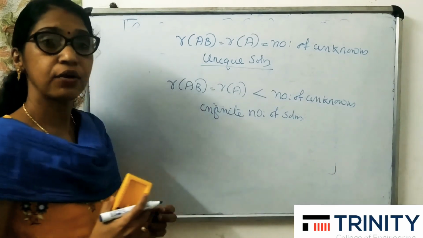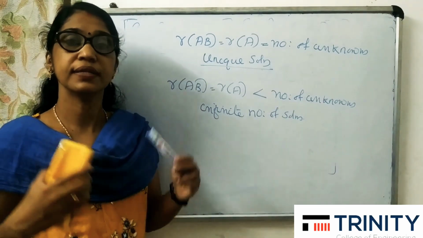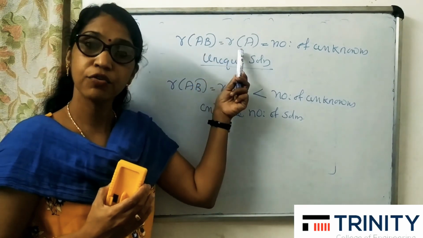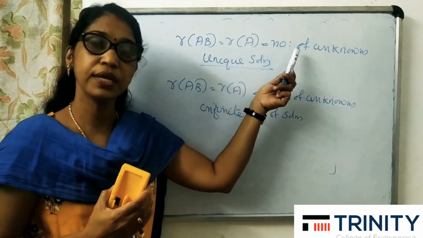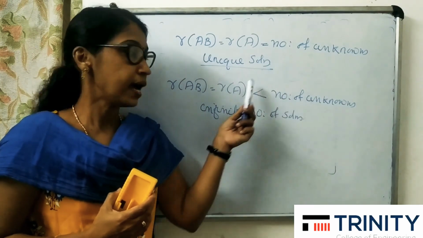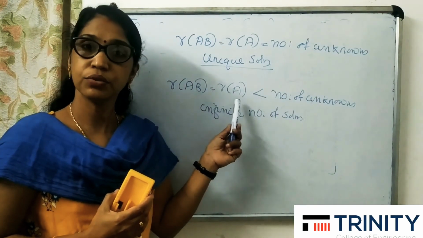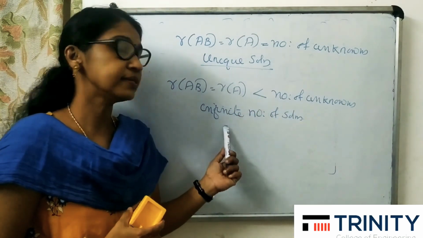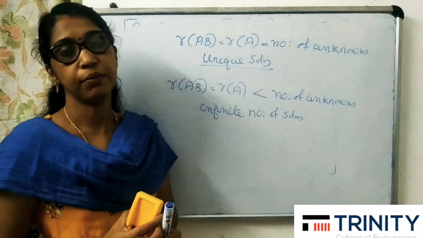So, if the rank of AB is equal to the rank of A, the system is always consistent. If it is also equal to the number of unknowns, the system has a unique solution. And if it is less than the number of unknowns, the system has an infinite number of solutions.